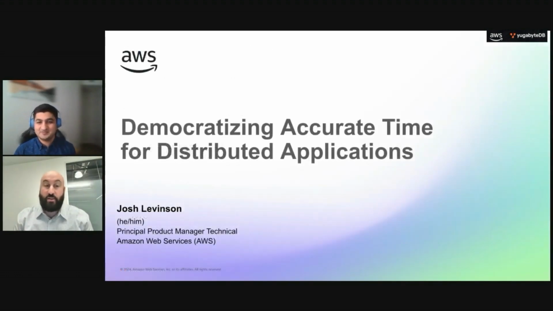Thanks, Shreyas. Yes, very excited about using wall clock time and combinations like hybrid logical clock time within Yugabyte. And it's something we're also looking at and doing within Amazon Web Services. So at AWS, we took a step back, looking at what customers and partners like Yugabyte are doing, what other customers are doing, what our own teams are doing.